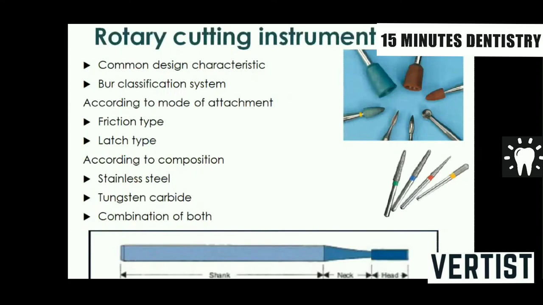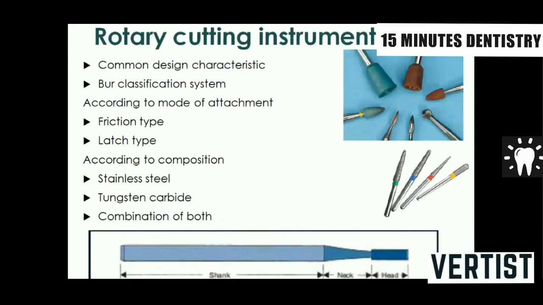Just in a quick way we'll go. The classification is according to the mode of attachment: if you are using it for an aerotor, it will be a friction type; for a micromotor, that is the conventional quadrangle handpiece, it will be a latch type. According to composition, it will be tungsten carbide, steel, or a combination of both.